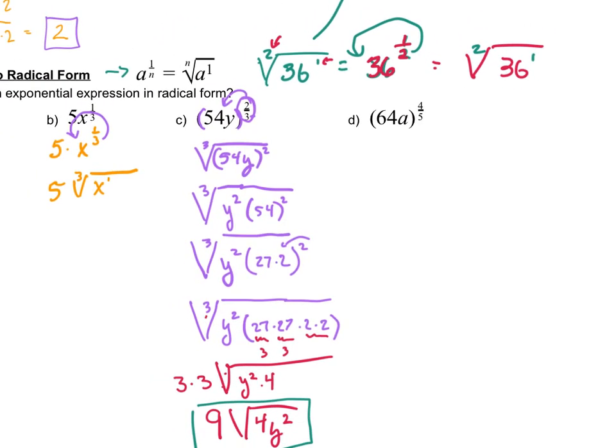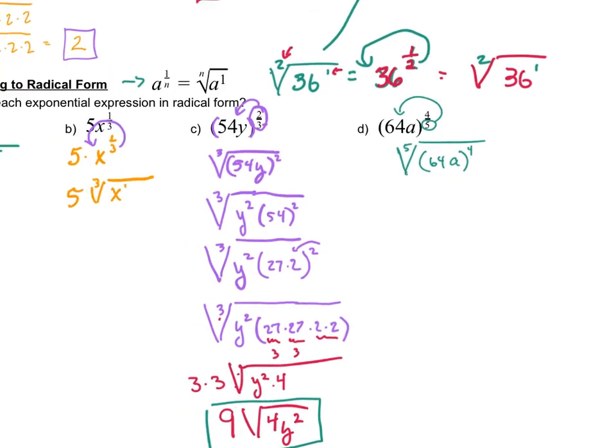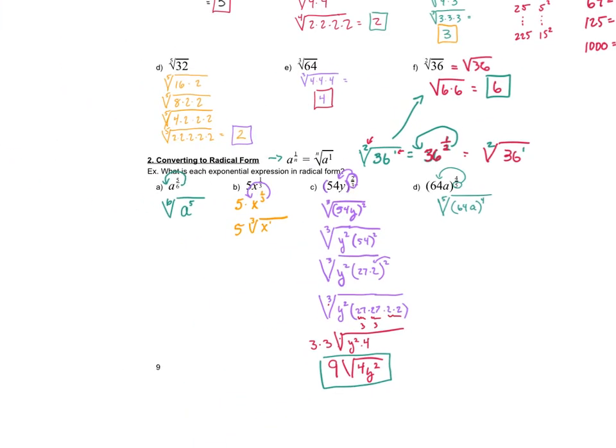we have, to put this in radical form, we are going to have the radical, the 5th root, right, because that's going to come around here, of 64a to the 4th power. And we're looking for the 5th root. And if you recall, one of the most common 5th roots that you'll see is going to be this guy right here, right? The 5th root of 32, we said, was 2.